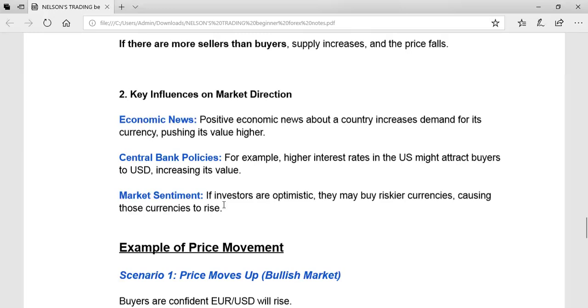Then market sentiment. When investors are optimistic, they may buy riskier currencies, causing those currencies to rise. I want to use a very simple example, maybe a piece of land.